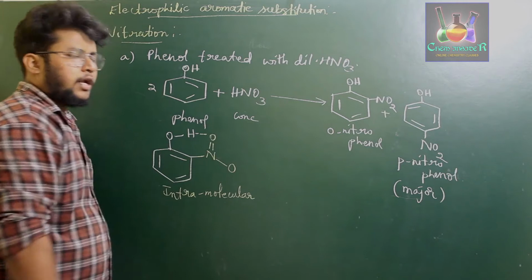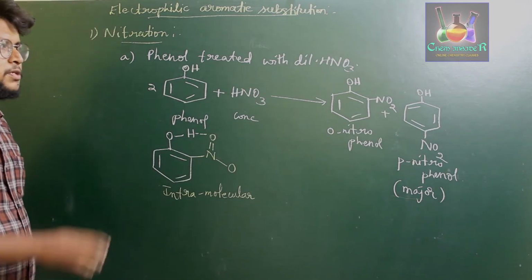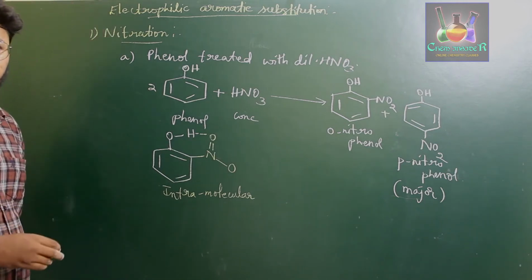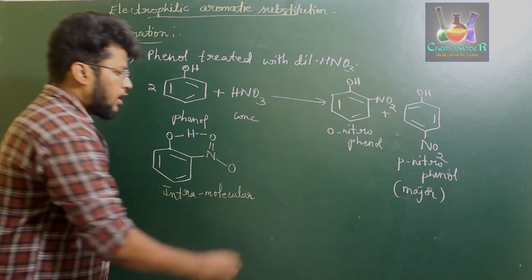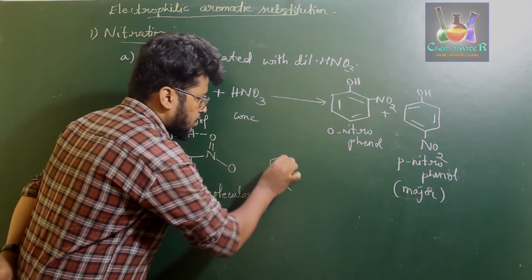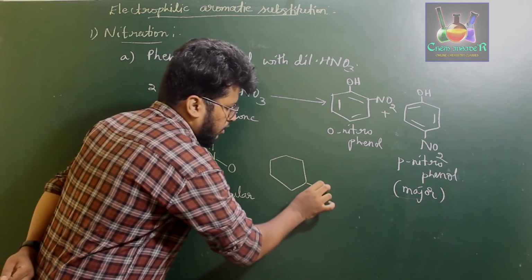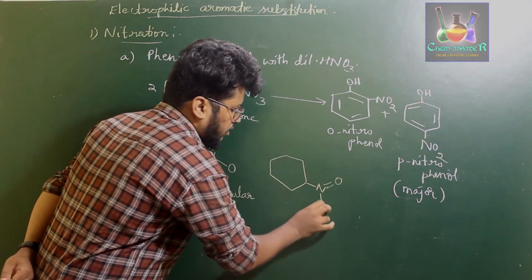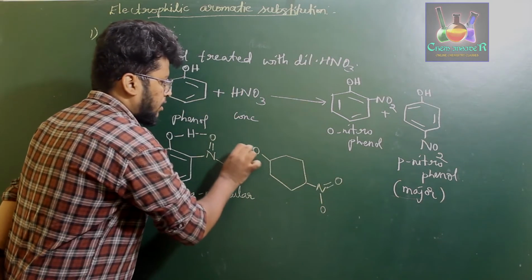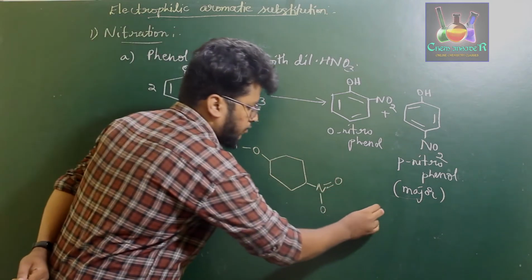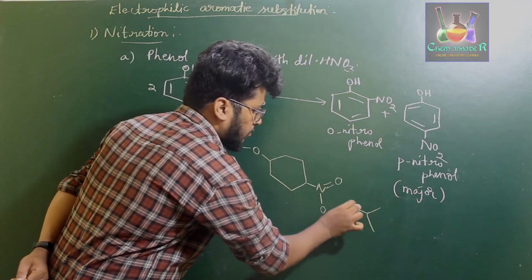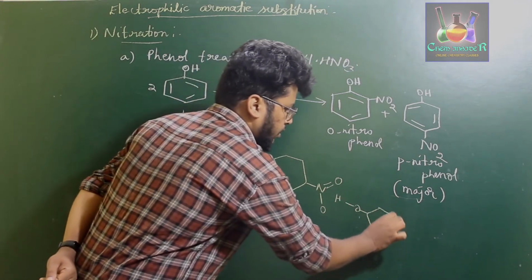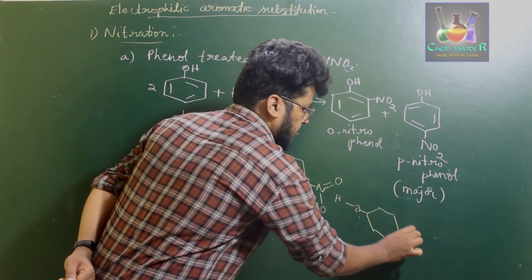Whereas in the case of paranitrophenol, the nitro group is placed away from the OH group of the same benzene ring. Therefore, what happens in this case is the oxygen present on the nitro group reacts with the hydrogen of the other benzene ring. So this is one more phenol group.